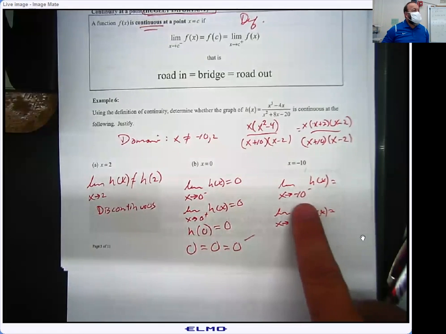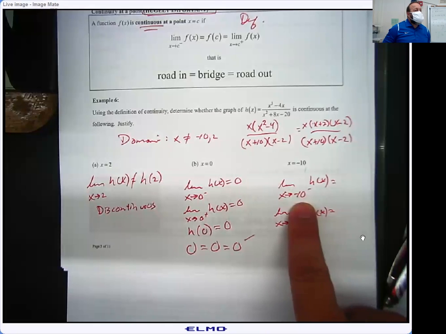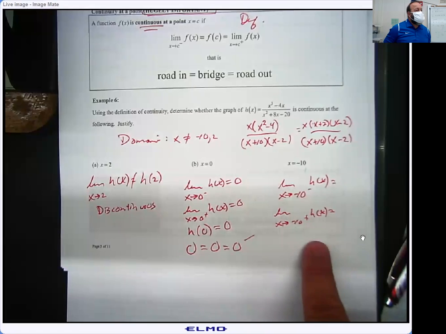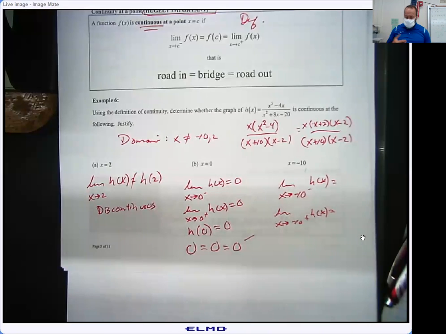So what might you plug in from the left? -10.001. From the right, what would you do? -9.999. Try it. What do you get off of your machine if you try those numbers immediately to the 2 sides?